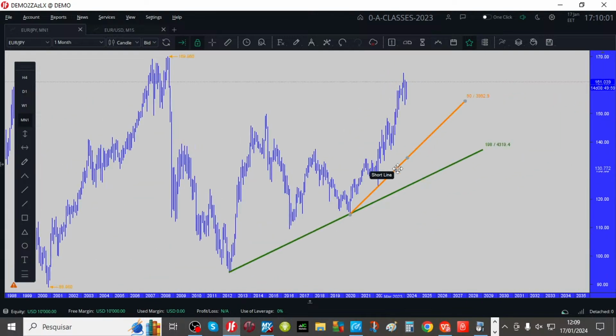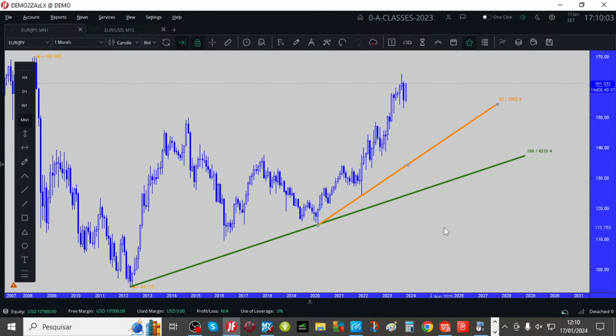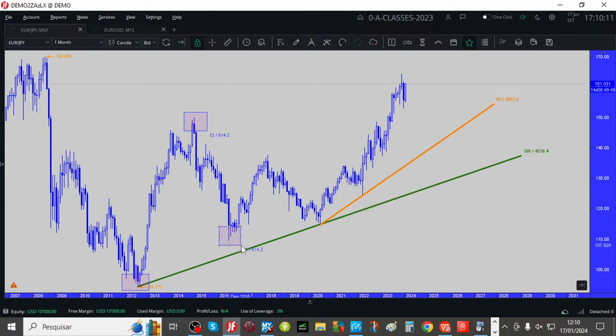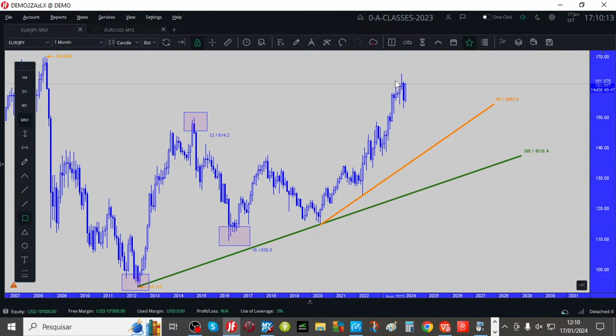Very good. And do we agree, everybody, that this is the relevant low, this is the relevant high, this is the relevant low, and this is the relevant high? Do we agree? Sandy says black, which was the green, alright. Euro JPY monthly chart, very good.